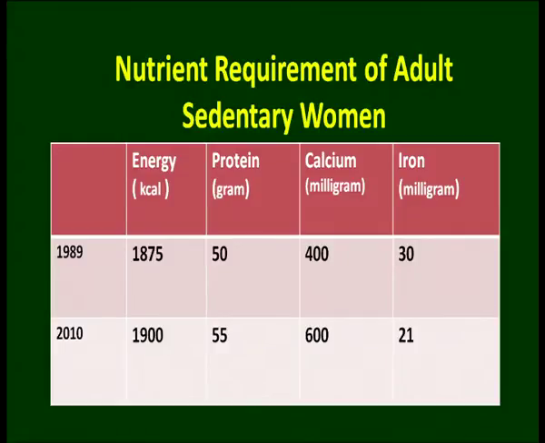That also relates to the reference body weight, considered as 55 kg for all women, whatever work they are doing. The calorie requirement is 1900 calories per day, the calcium requirement is 600 and the iron is 21 milligrams. If this much is attained, that lot can be saved.